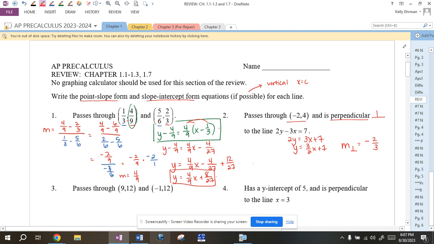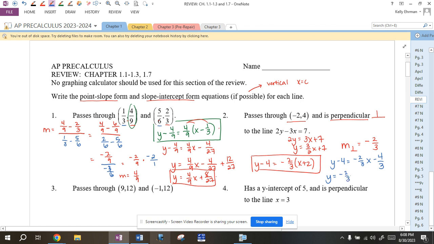And start with point slope form. y minus 4 equals negative 2/3 times x minus negative 2, x plus 2. So there's point slope form. And slope intercept form is to begin solving this for y. So distribute negative 2/3 through and add 4.